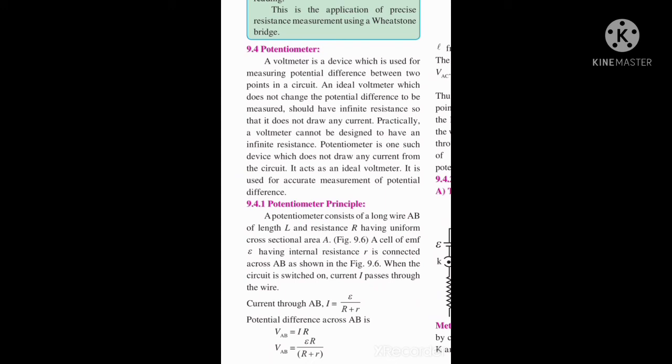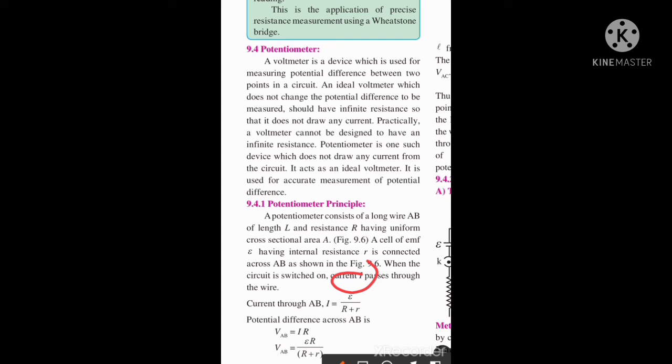When the circuit is switched on, then a steady current capital I passes through the wire.